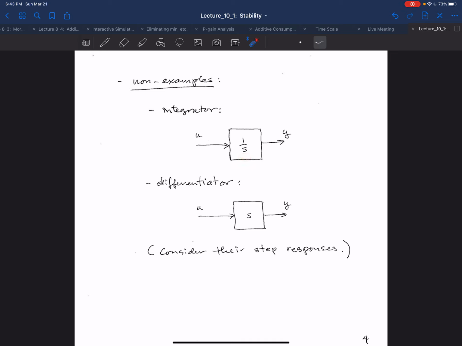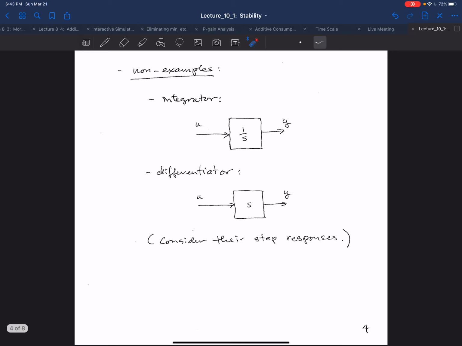So this example is an example of a system whose transfer function is unstable. And just as we said, if you feed in a step, the output will grow without bound. So it's not BIBO stable.